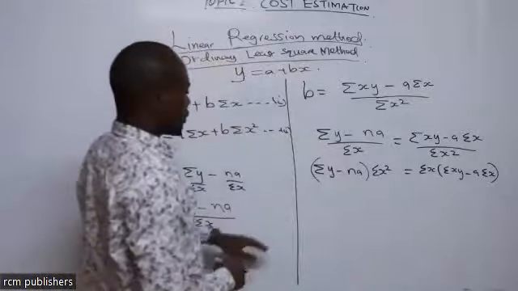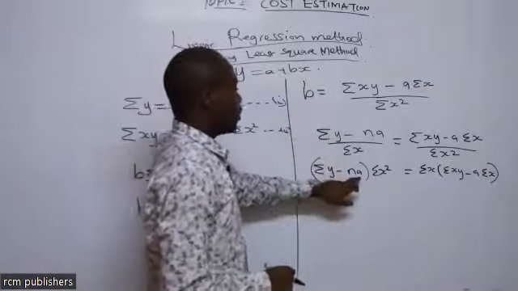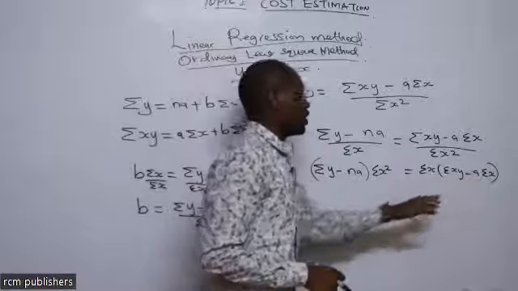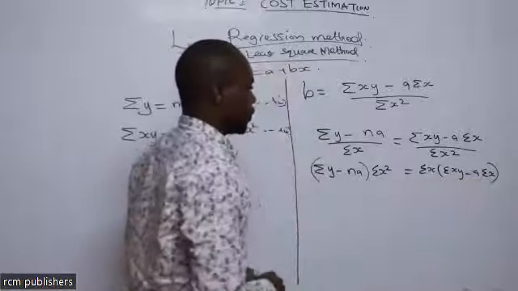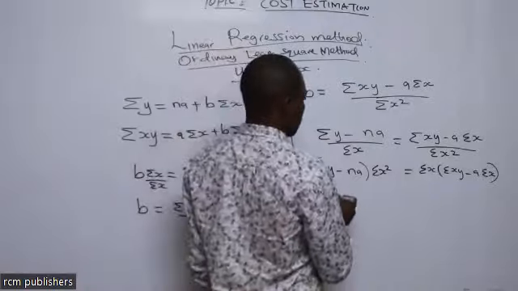So if you look at it, you will be able to see we've eliminated B. We now remain with A, which we are looking for in these particular functions. So let's divide this and bring A together.